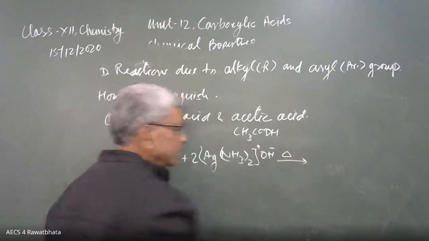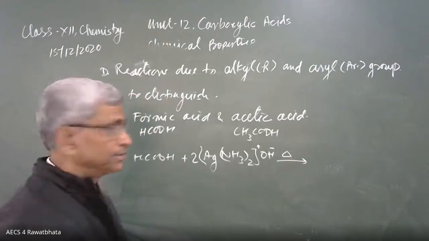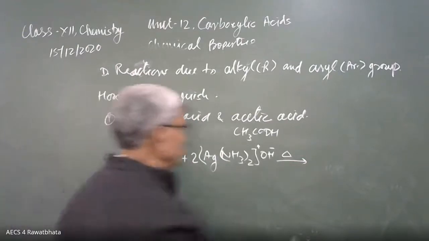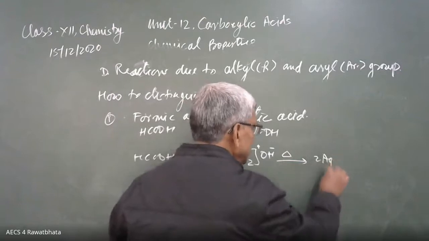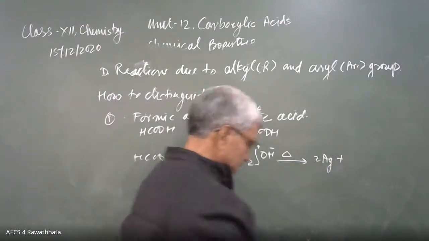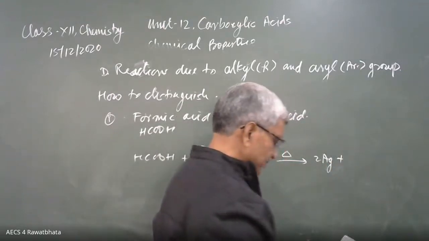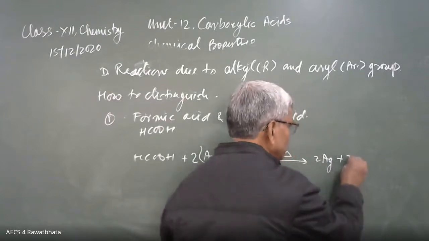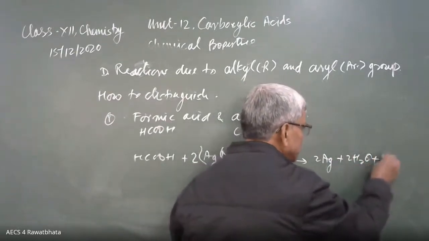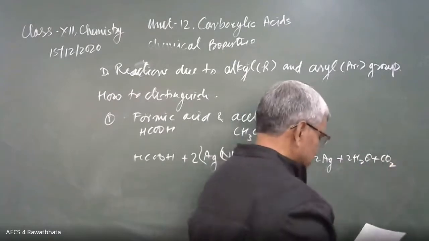Heat is required. Heating on a water bath, controlled heat. It is going to form silver mirror, Ag, plus the other products are H2O plus CO2 plus NH3.